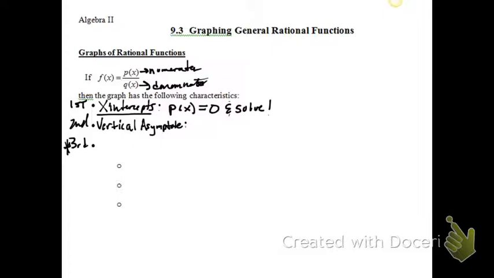So in order to figure out the vertical asymptote, we have to figure out where the domain is not defined. And you might remember, whenever you have a fraction, if that denominator becomes 0, that's undefined. We can't divide by 0. So we're going to find the vertical asymptote by simply setting q of x, of course that's the denominator, equal to 0 and solving.